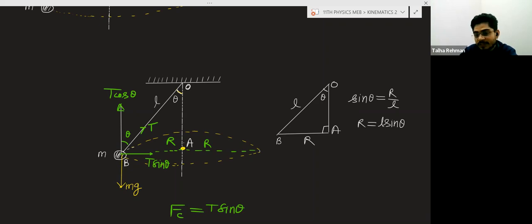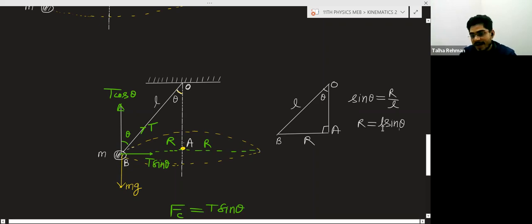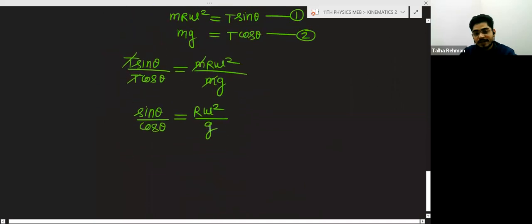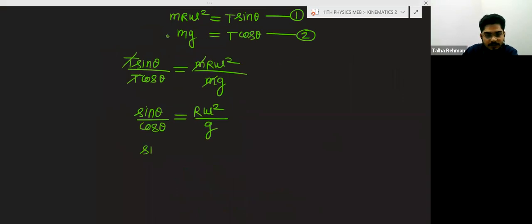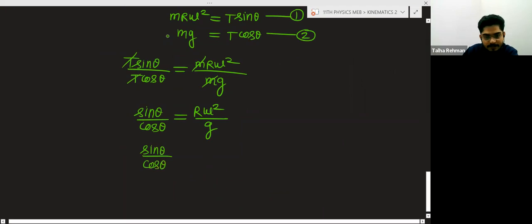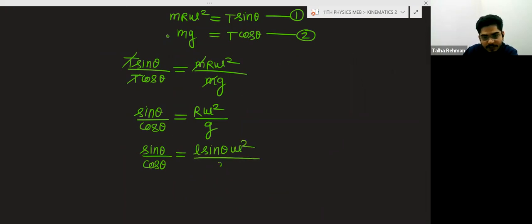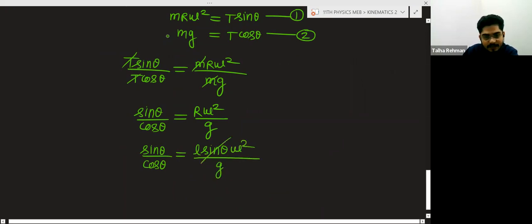So now see the value of R. R is equal to L sine theta. Put the value of R here. So this is sine theta divided by cos theta, and R is L sine theta, and omega square divided by g. Now sine theta cancels out with sine theta.